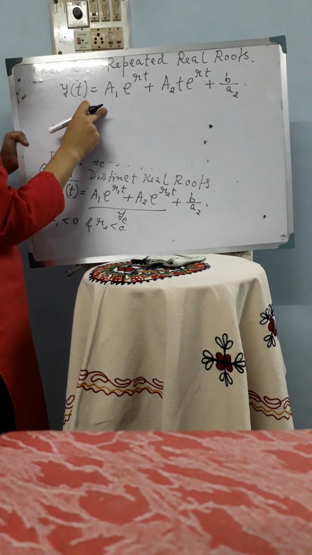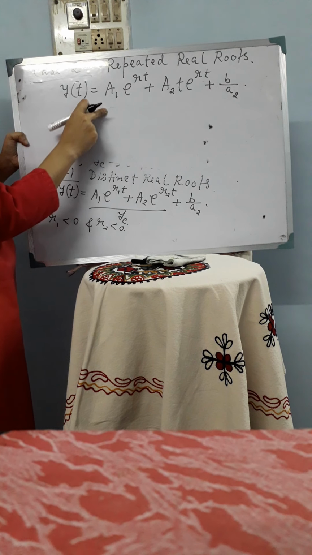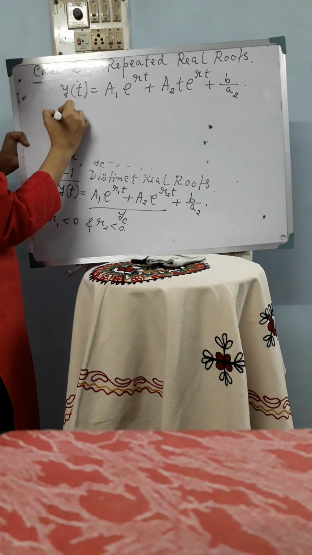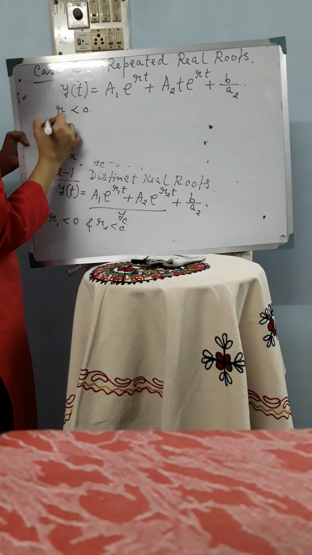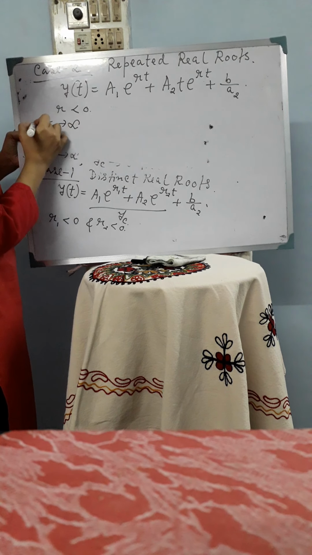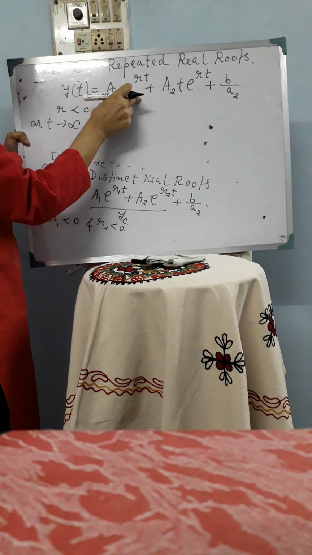So now what is the condition for getting dynamic stability? If r is less than 0, then as t tends to infinity, this first term tends to 0.